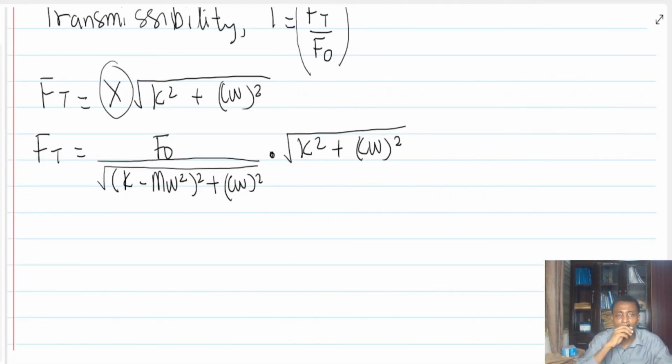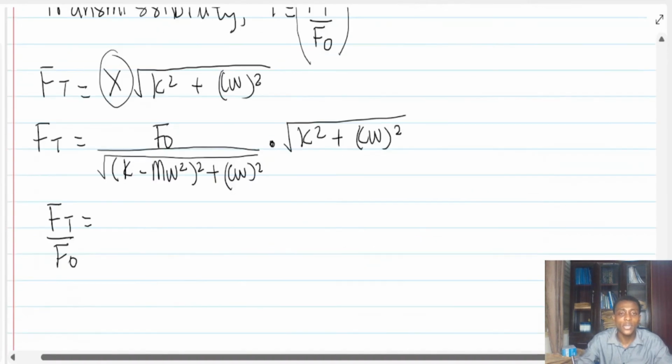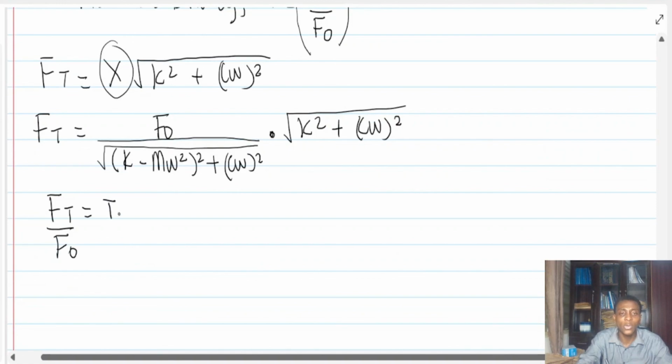Over here, what I'm going to do is divide this Ft by F naught. Interestingly, the expression that I'll get is what we call the transmissibility. Sometimes we also call it the transmissibility ratio, TR.